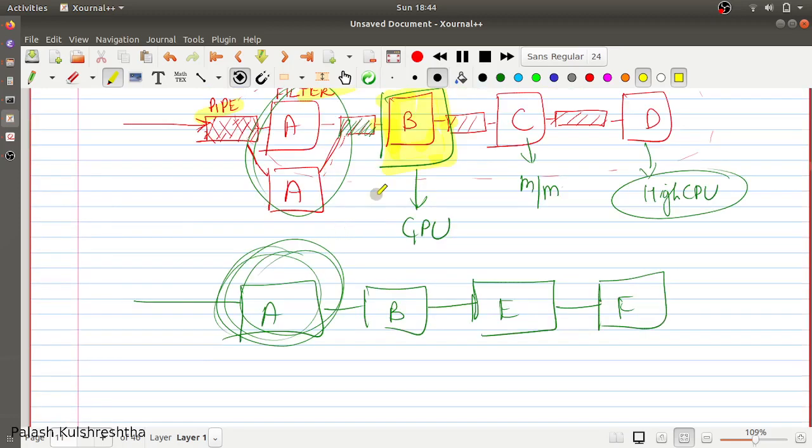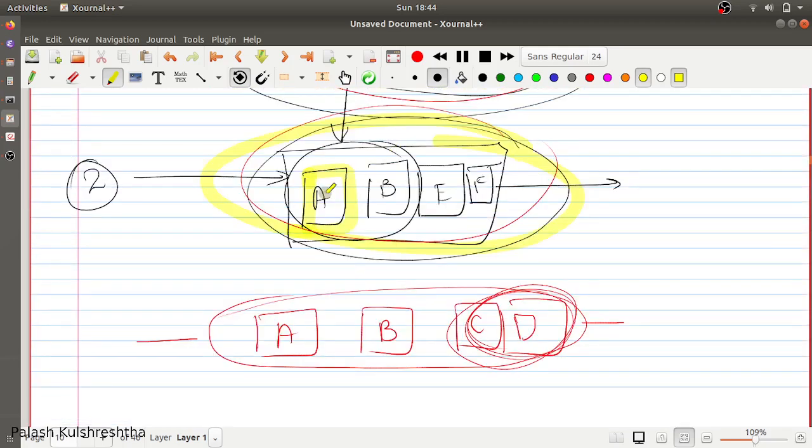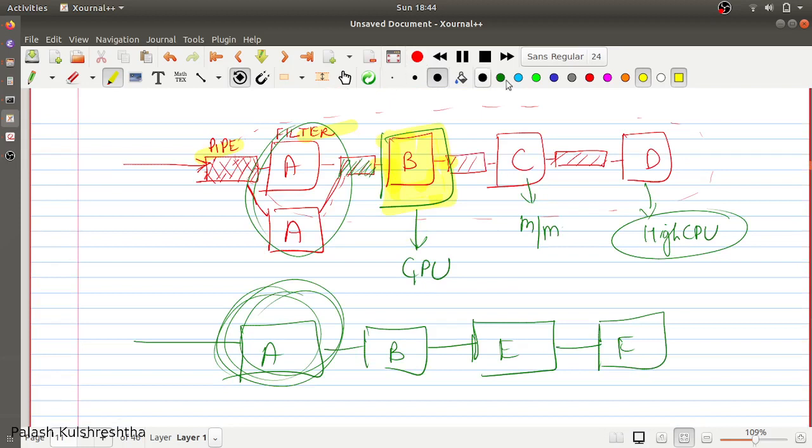It also reduces coupling between these two tasks. In a monolith application there was a very strong coupling between these tasks, whereas since in this scenario they are connected by pipes, there is very low coupling.